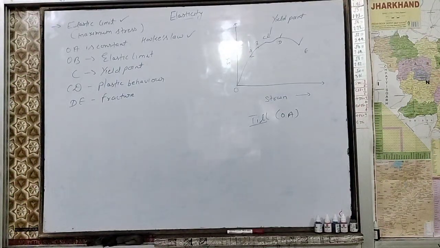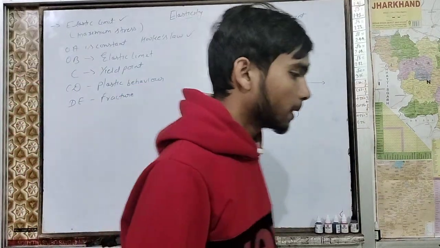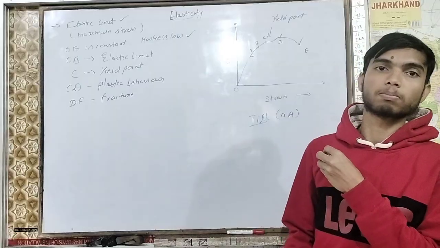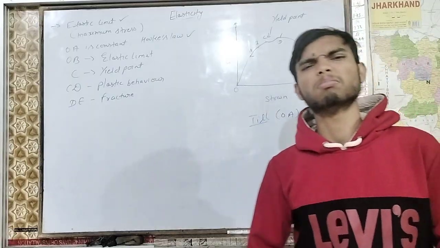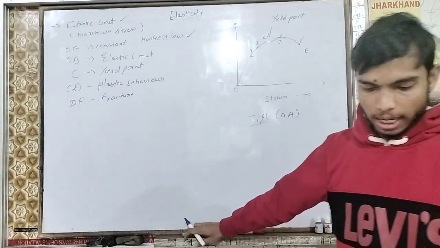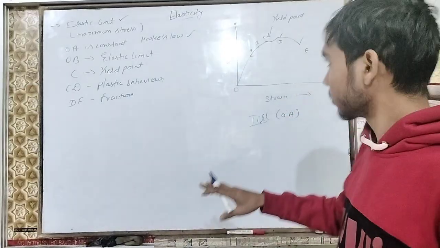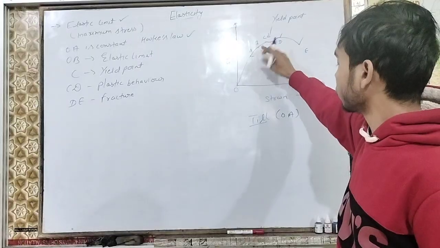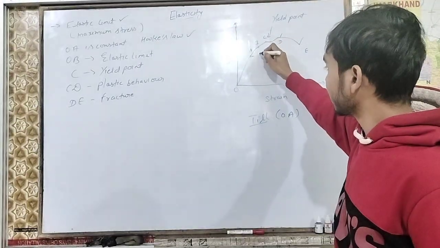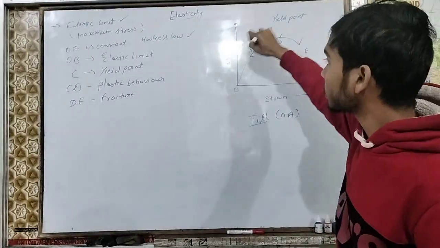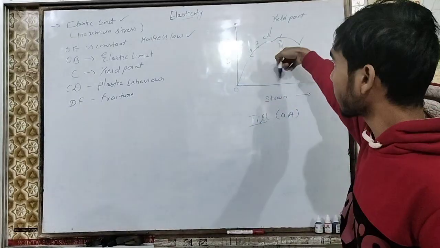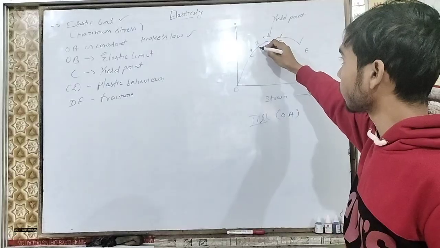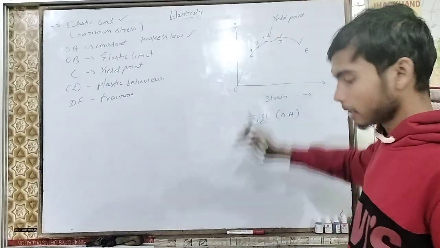Now let's explore more about it, so that our understanding can become clearer. Till B, it is showing the elastic limit of the body. But what will happen when we go beyond B?